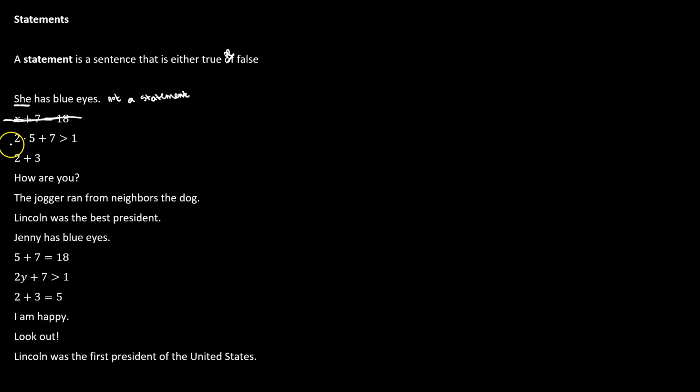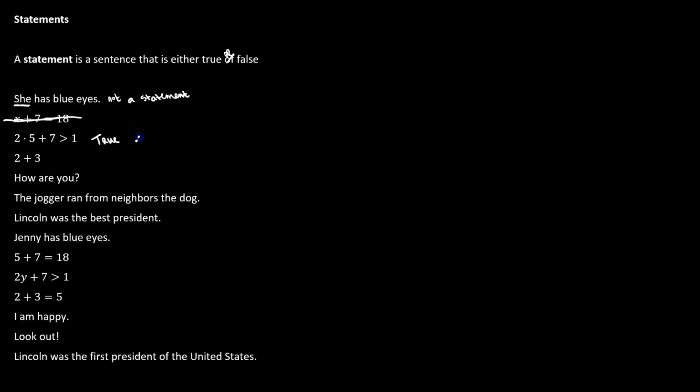2 times 5 plus 7 is greater than 1. Well, 2 times 5 is 10. 10 plus 7 is 17. So what we have on the left-hand side is 17. That's greater than 1, so this is true. Because we can agree that this is true, we know it's a statement.